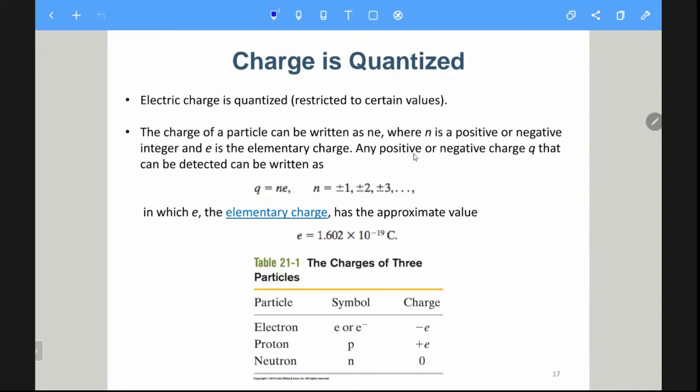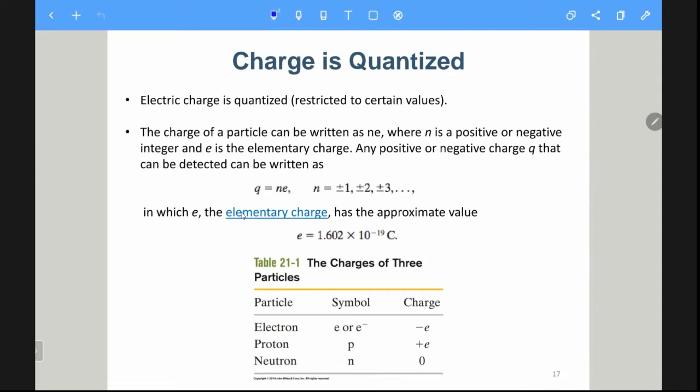So any positive or negative charge q that can be detected can be written as q equals n times e, where n equals all integers. Integers actually include zero, so it can be electrically neutral. And e is the well-known constant called the elementary charge.